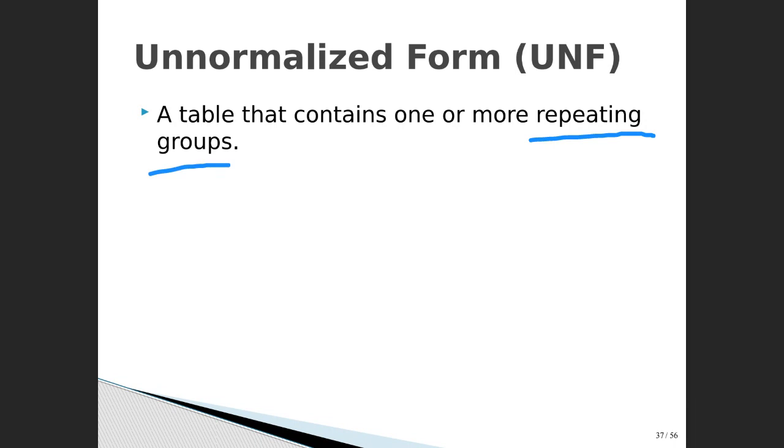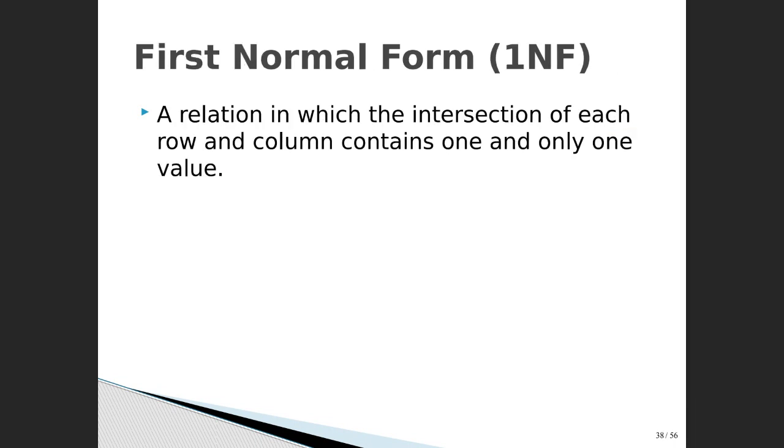This is the main idea about converting it to first normal form. Again, when we want to convert it to the second normal form, we must remove any partial dependencies.